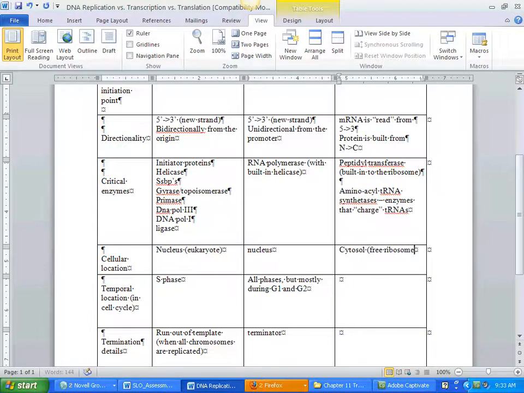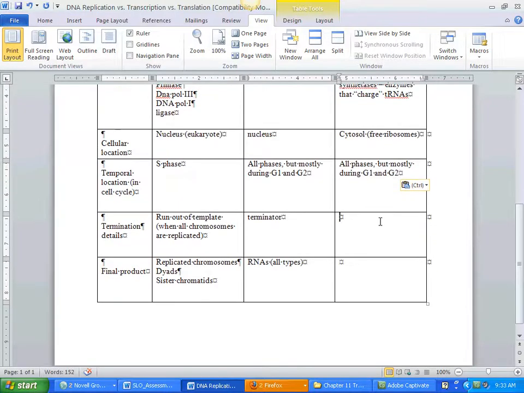So the ribosome may become bound to the ER later. All right, what's the temporal location? It would be the same as what we had with transcription. You can have translation happening all the time, but you're going to have a big push during the gap phases.